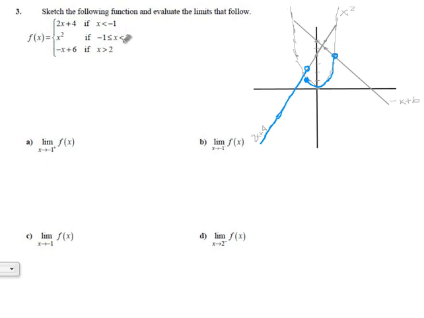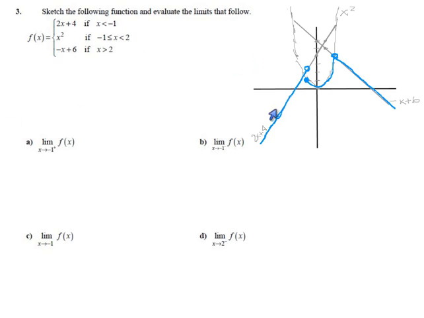Because there is no equal symbol here, I put another open circle showing the parabola does not include this point. And finally, we follow the negative x plus 6 whenever x is higher than 2. So starting at 2, I follow this line.